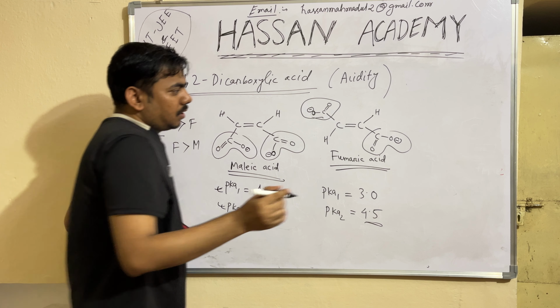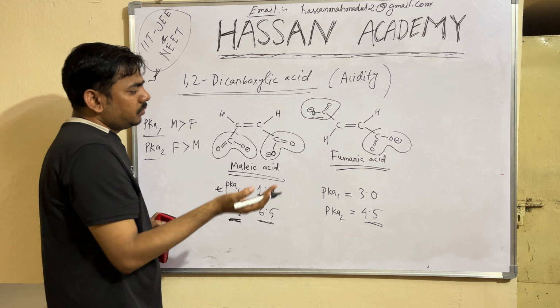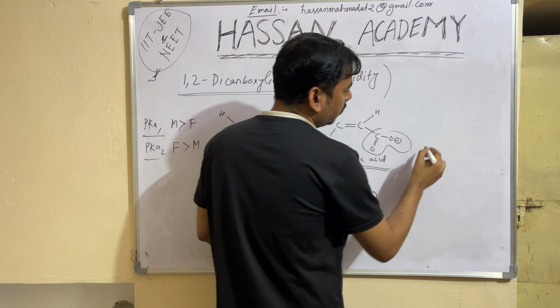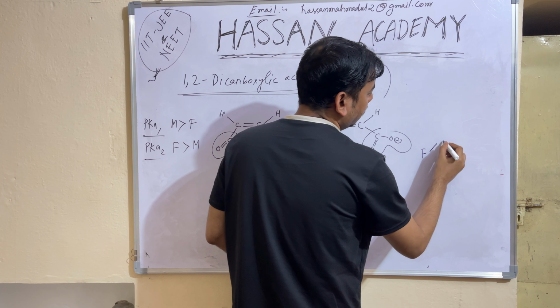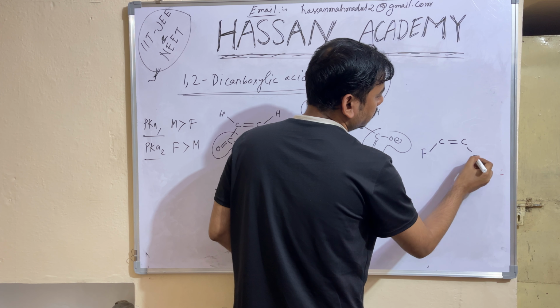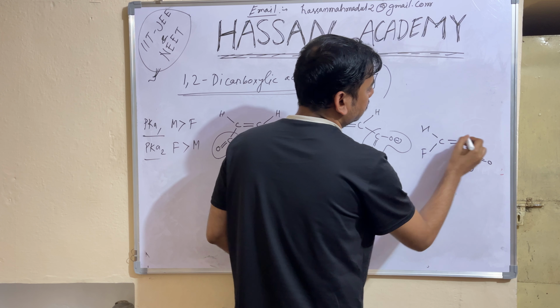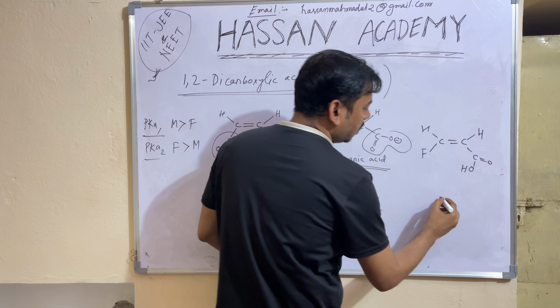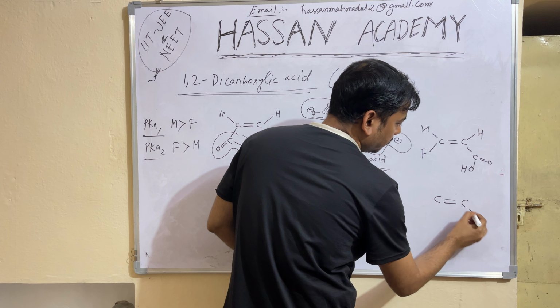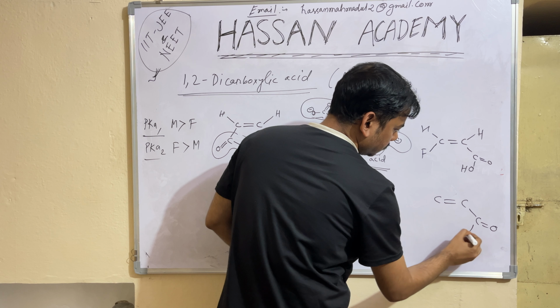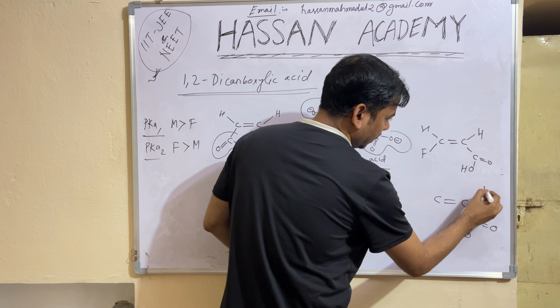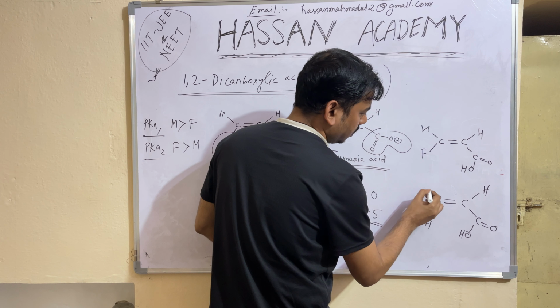Okay, now I am telling you here the cis form was the winner for pKa1, but suppose I go for this type of molecule, FCH=CHCOOH, with hydrogen here. This is the cis form, right? Let's write the trans form. Here hydrogen, here fluorine.